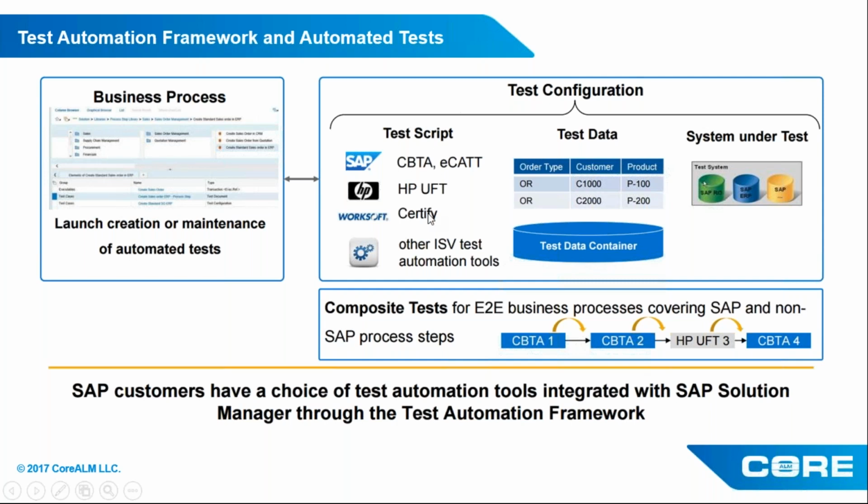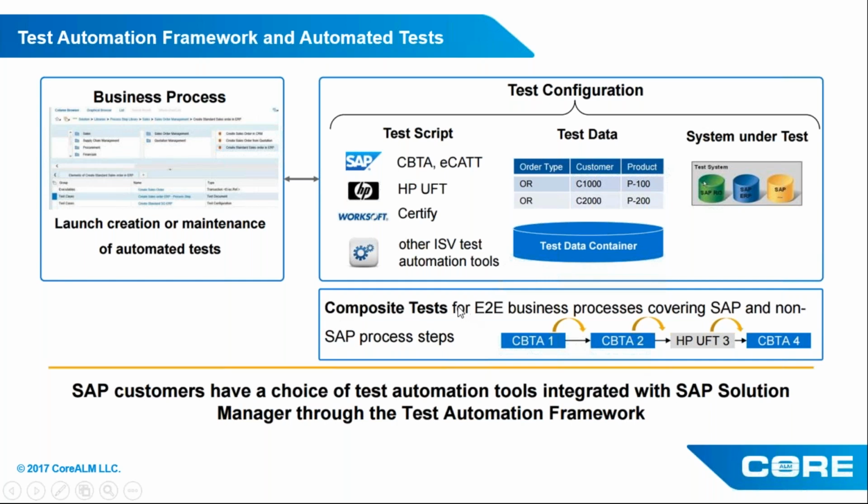Test configuration covers CBTA, ECAT, UFT, Worksoft Certify, and other automation tools through API. Configuration will include test data, and then there's a system under test, and this is the managed system that you're going to, the ECC, Core ALM, or WebDynpro system that you're going to.